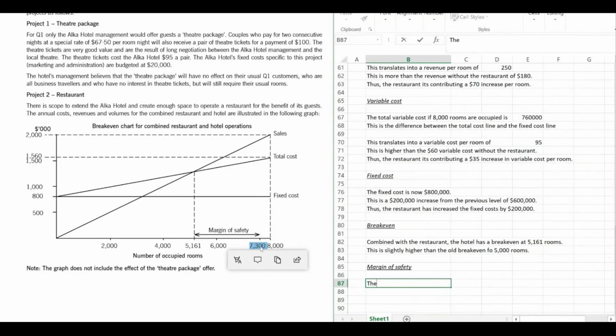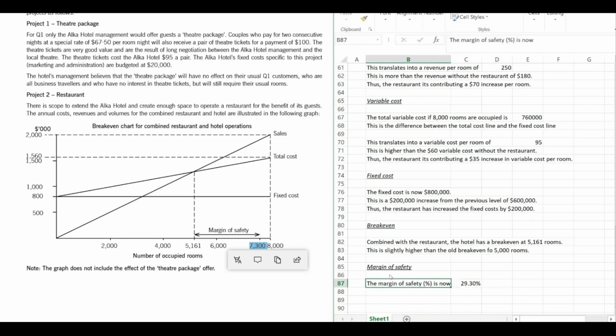The margin of safety percentage is now, so 7,300, the budgeted number of rooms, minus 5161 over 7,300, right? So it's 29%, so that's increased as well, which is a good thing. Margin of safety, the higher the better. So this is actually increased.